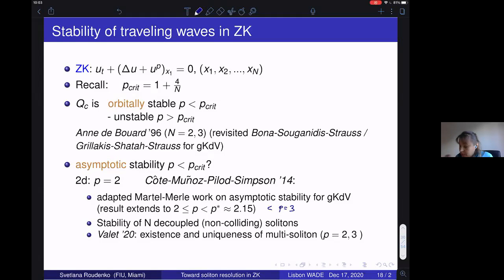So there was a question: can this asymptotic stability hold up to p equals 3, and exactly what was happening at 3? They also did the stability of decoupled solitons, and there's a recent work by Frédéric Valet, I think in 2020, on existence and uniqueness of multi-solitons. He did it for p equals 2 and 3, in 3 of course under the condition of the ground state. And I think he also did the 3D regular Zakharov-Kuznetsov equation.